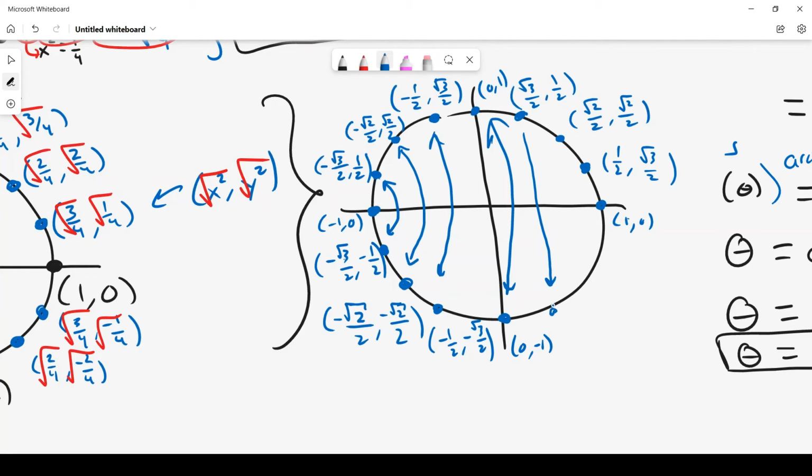Across here would be square root of 3 over 2 comma negative 1/2. Over here would be square root of 2 over 2, negative square root of 2 over 2. And right over here would be 1/2 and negative square root of 3 over 2.